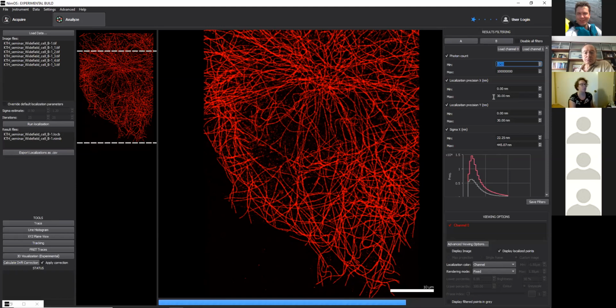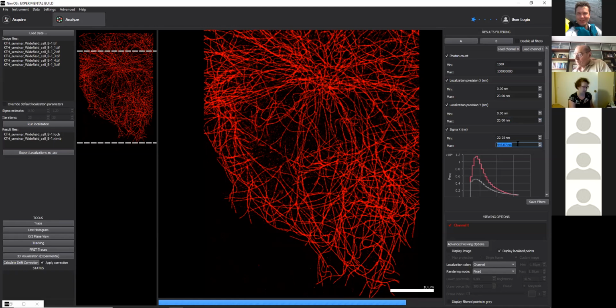We can then also filter by actual localization precision. So typically I like to set this at 20 nanometers, but depending on your specific application, you might choose a different value for that. And depending on the quality of your DStorm image, you might choose a different value for that as well.